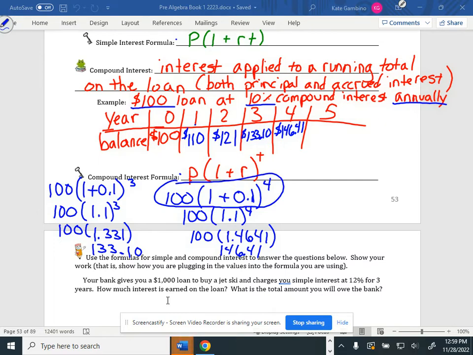And if you're plugging it all into the calculator, you would then tell me your answer. If you're doing it one step at a time, write it down so you know where your mistake happened. Okay? So for 5 years, what would we get? Again, you need to have your full equation written out.